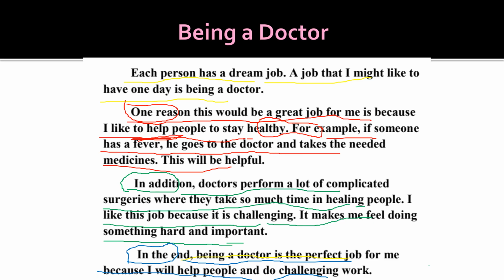And then I will continue. Because I will help people. If you remember, helping people was the first reason here. So I can color this with red. And do challenging work.